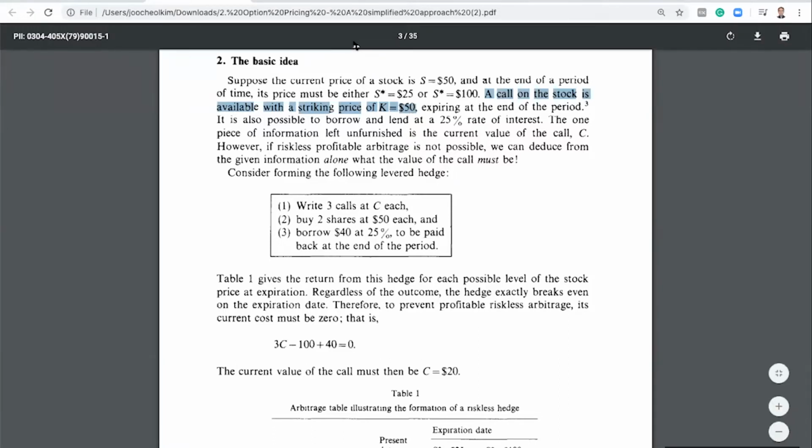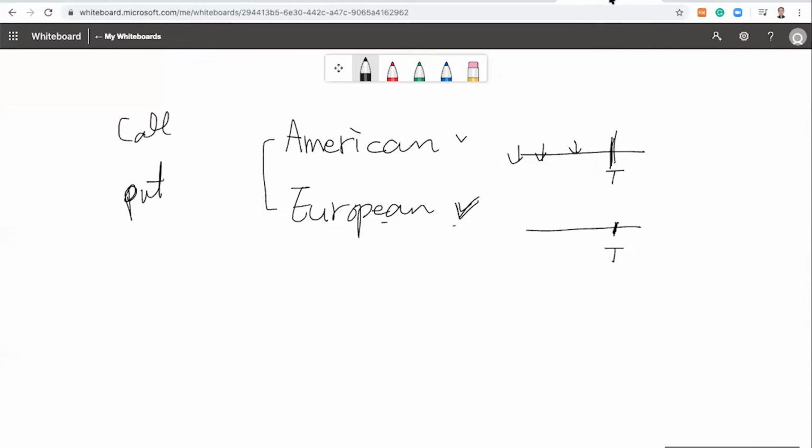Everyone remembers the payoff of the call option: max(ST - K, 0). Remember that this is the payoff at the maturity time.